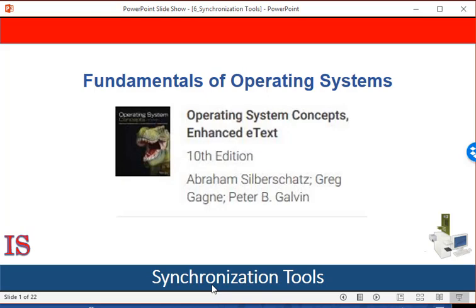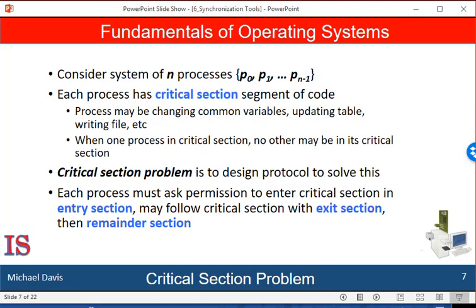So let's get started. Now what we're going to do is start considering process synchronization by discussing the critical section problem. Consider a system consisting of a number of processes as shown here. Each process from P0 to Pn has a segment of code called a critical section, in which the process may be accessing and updating data that is shared by at least one other process.